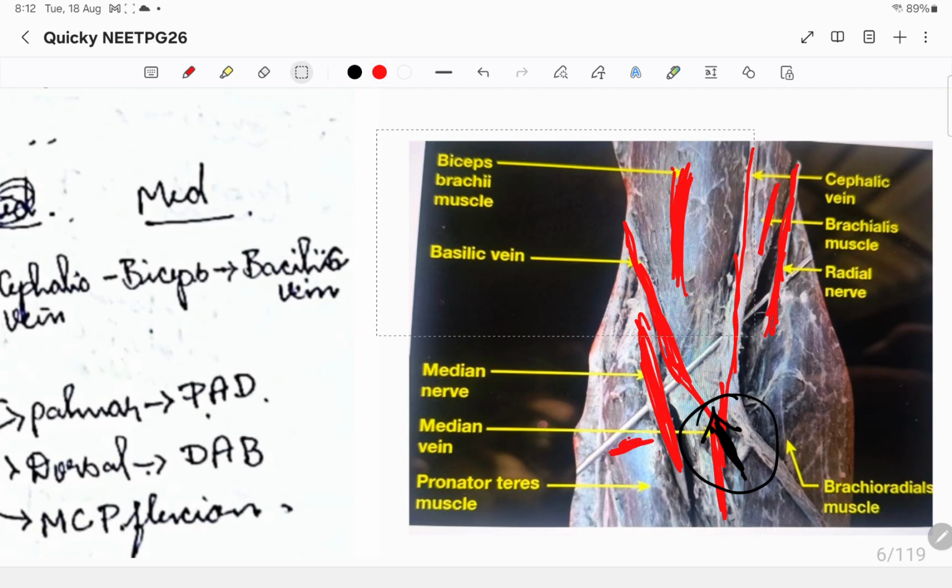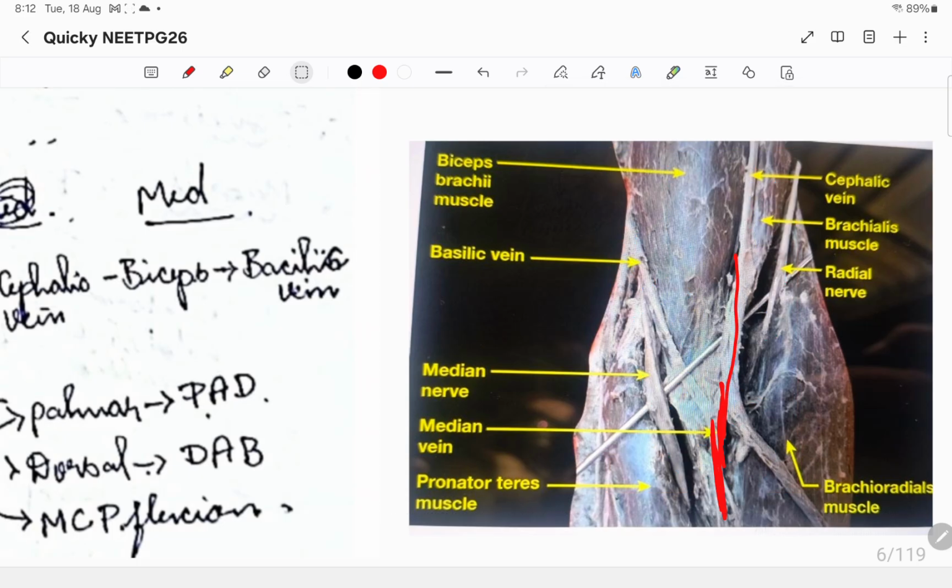Please learn this image just before going into your exams. Lateral most is the radial nerve, medial most is the median nerve. Between them are the cephalic vein and basilic vein.